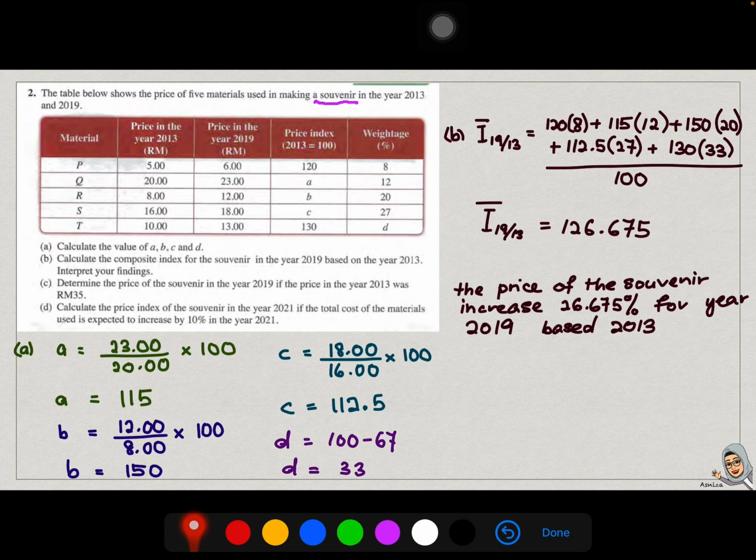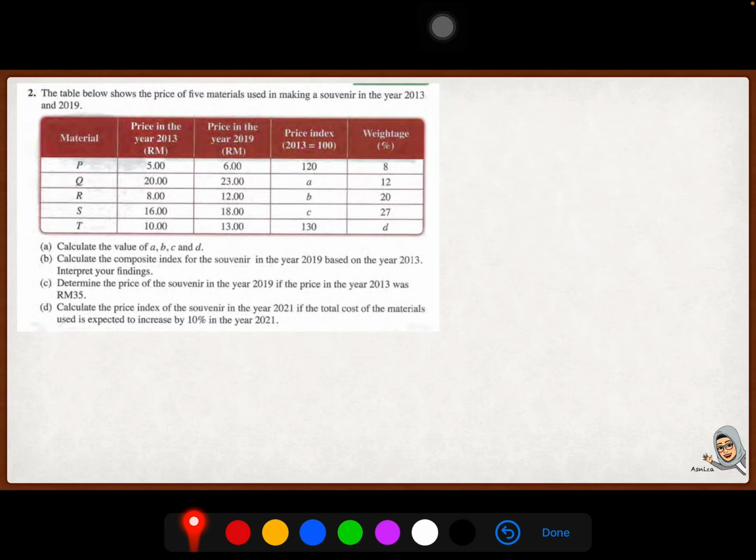The souvenir is the combination of all the materials, so we will use our composite index as the price index for the souvenir for the year 2019 base the year 2013.